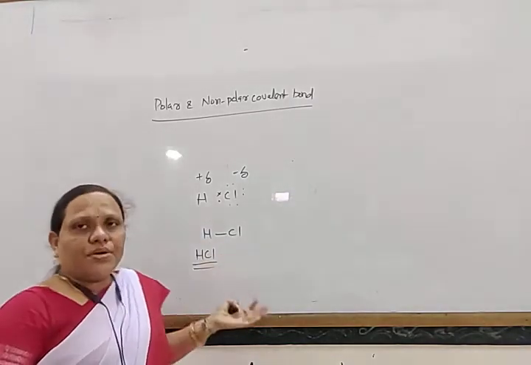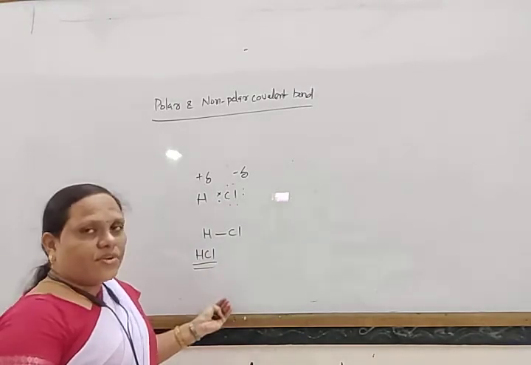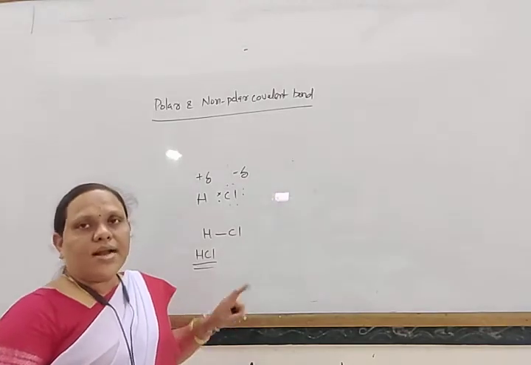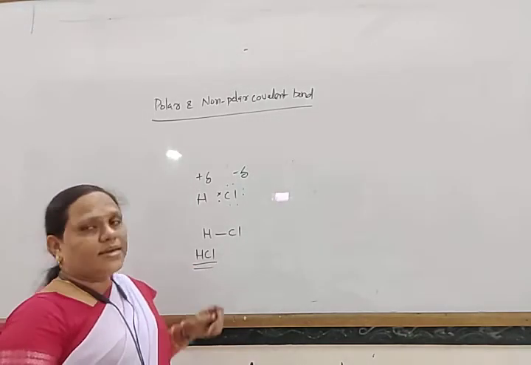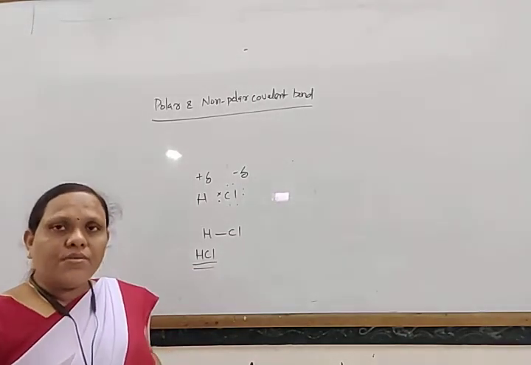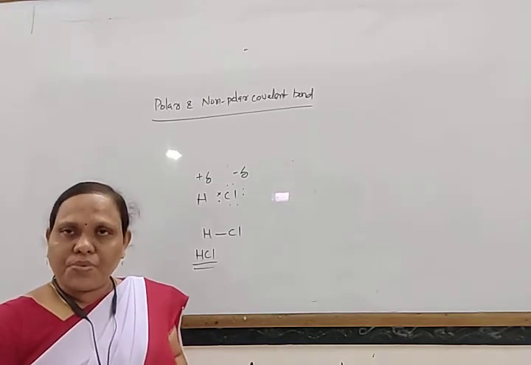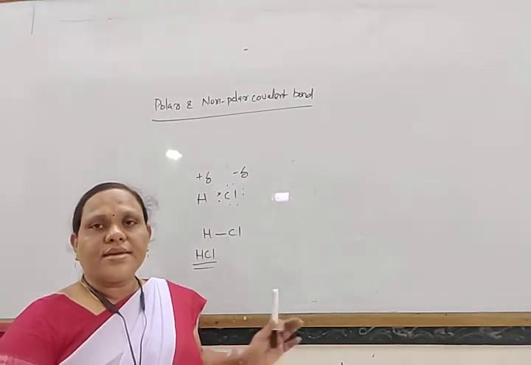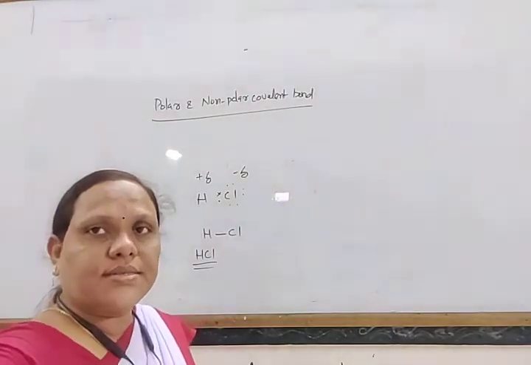Any molecule which contains a polar bond is generally polar in nature. Now it is clear what a polar bond, a non-polar bond, a polar molecule and a non-polar molecule are. Next, note down these points.